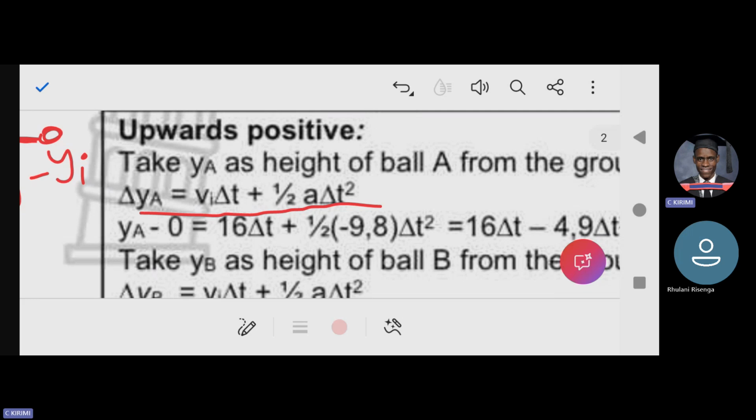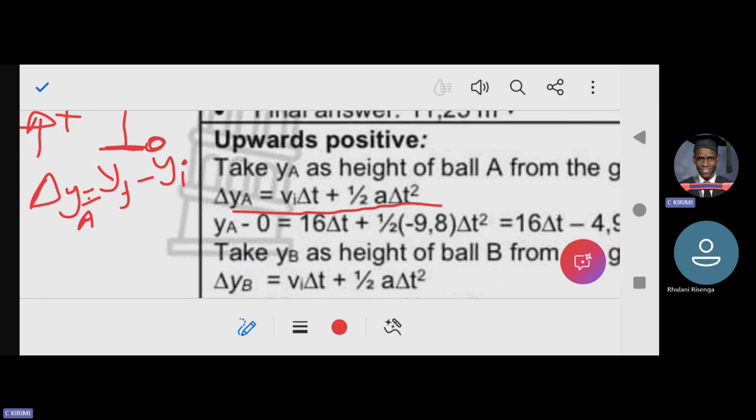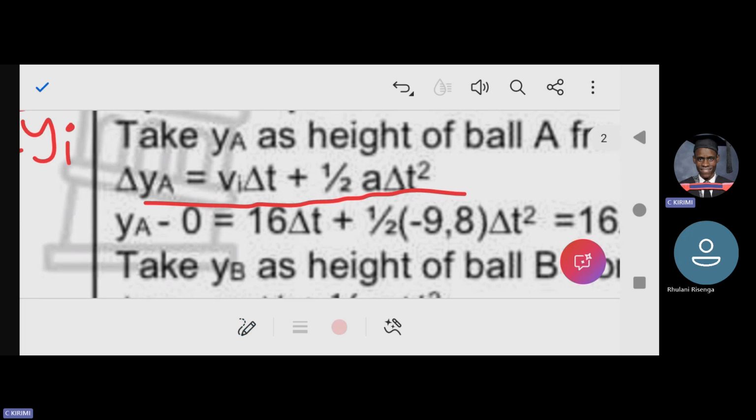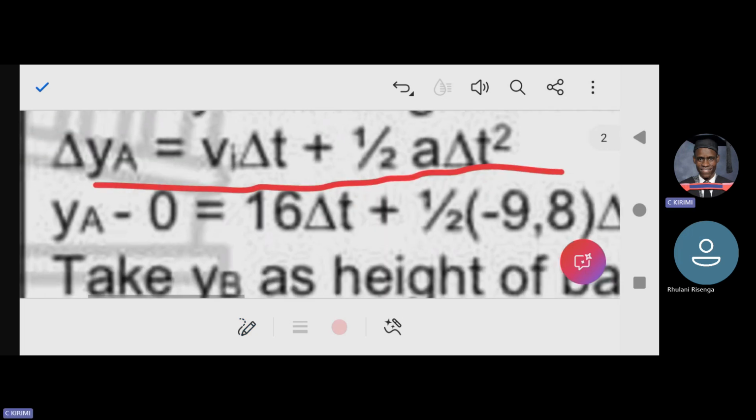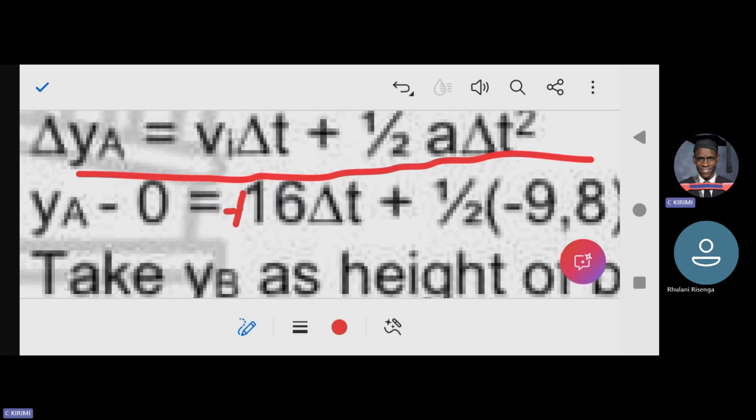Then now we go to the issue of the VI. Since the direction of the velocity is upwards, and we are taking upwards as positive, and ball A is being projected upwards, it's a positive 16. Why is it a positive 16?